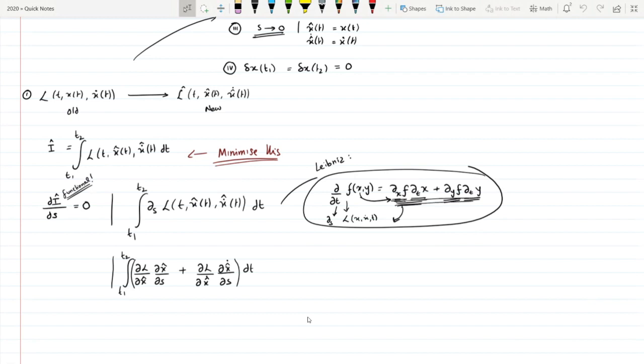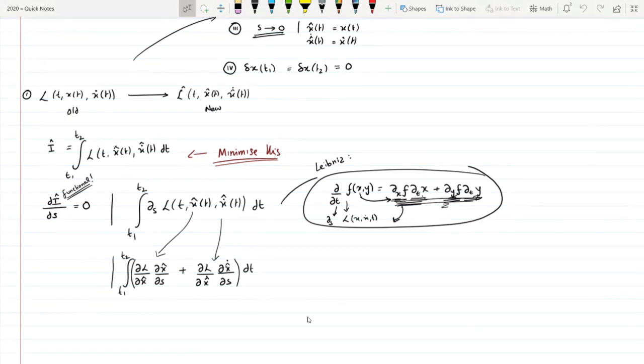If I have a function and I take a derivative, I take the derivative of the function with respect to its first argument and then apply the chain rule. Then take the derivative with respect to the second argument and apply the chain rule again, which is all I've done here. The first term is the first argument, the second term is the second argument, and I've applied the chain rule to find the derivative of the hats with respect to s. Clear?